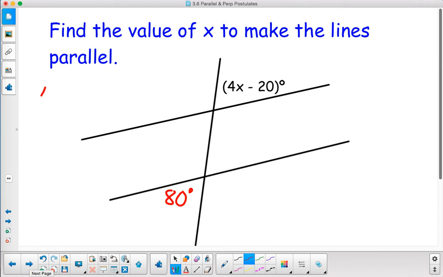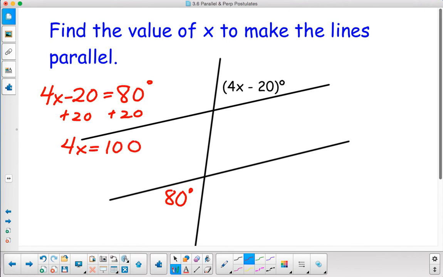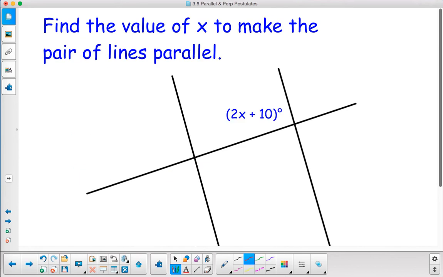Now if I would put the 4x minus 20 equal to 80 degrees because of the converse of the alternate exterior angle theorem, I can solve and figure out what x is. Another example.